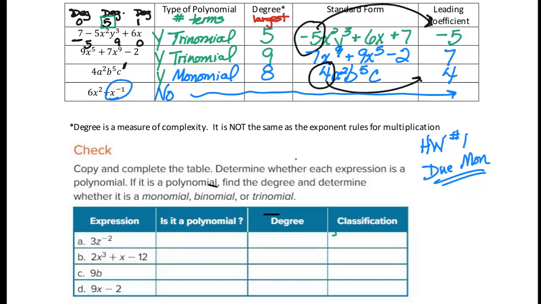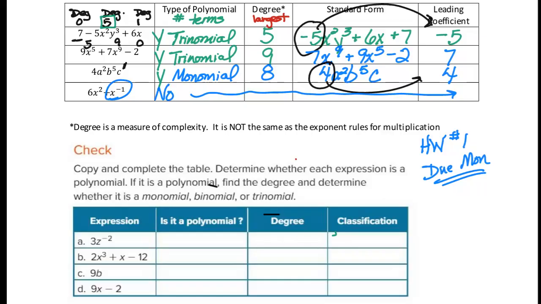Okay. If it is not a polynomial, you don't need to do the degree because it's not a polynomial. For a monomial, here, there is no variable, so this is a degree of 0 because degrees are only on the variables, okay? When you have a trinomial, how did we find this degree of 9?